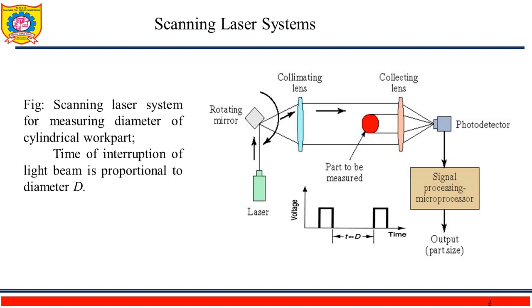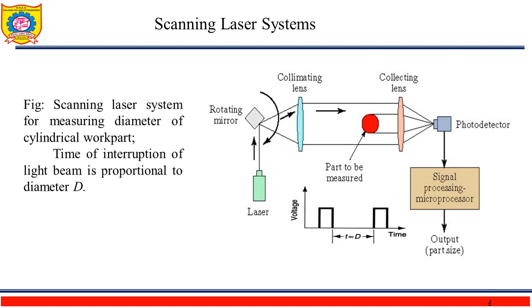This rotating mirror rotates through particular angle. There are collimating lenses. One is collimating lens and next to it there is collecting lens, and in between collimating lens and collecting lens there is an object of diameter d which is kept.